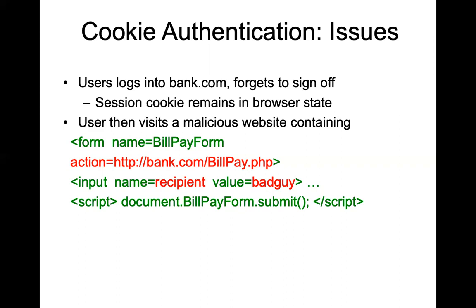And therefore bank.com's cookies are going to be sent together with this request over to the bank, which then thinks, okay, yeah, you are authenticated with the bank, you are asking to transfer money to this recipient, and it's simply going to go ahead and complete the request on your behalf.